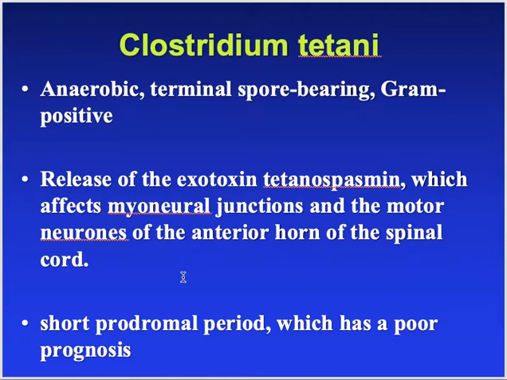Anyone who has Clostridium tetani in their body as a result of trauma and is not vaccinated against tetanus, once the tetanus condition develops, the mortality is high. There is a short prodromal period which has a poor prognosis, and it's very difficult to diagnose.